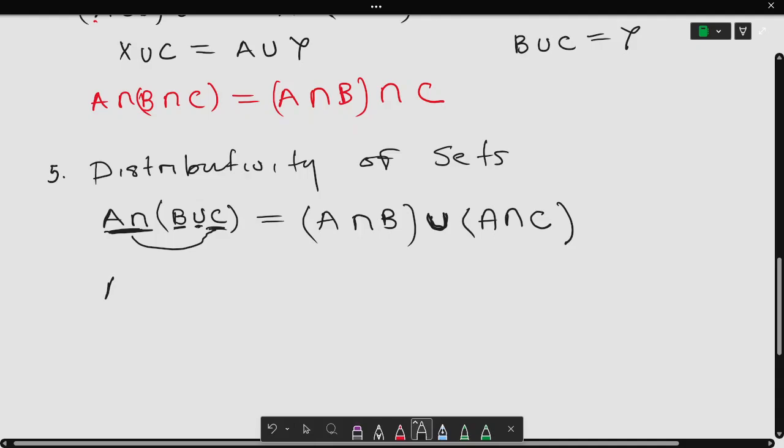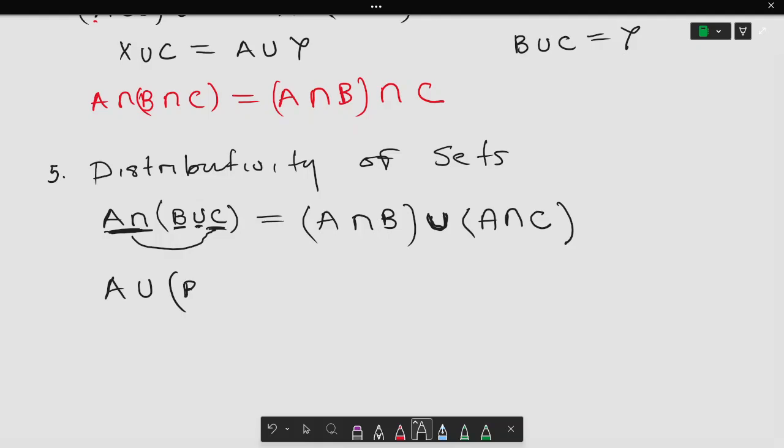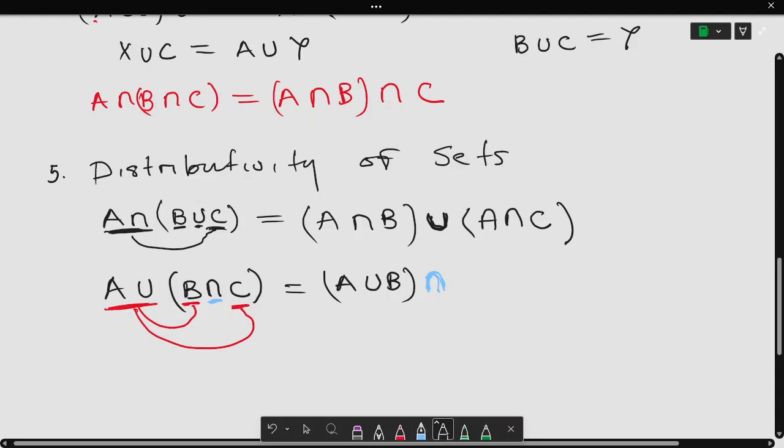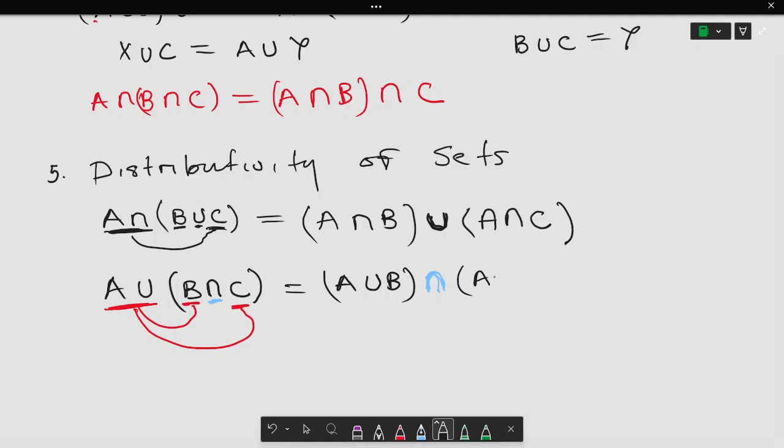And if you had A union and open bracket B intersection C, you can distribute this to each of the sets, and what you are going to get once you distribute will be A union B in brackets, and you bring back the symbol which was in the brackets at the middle, so you put an intersection and open brackets A union C. That's what we mean when we say that sets are distributive.